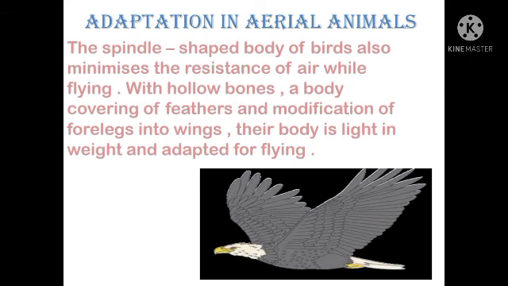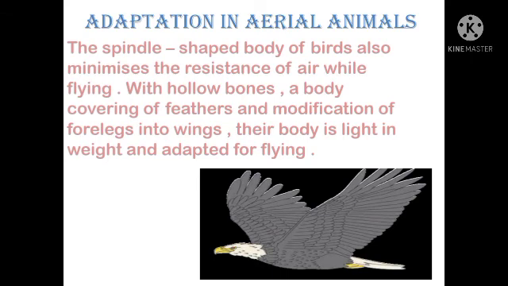And also, with hollow bones, a body covering of feathers and modification of forelegs into wings, their body is light in weight and adapted for flying. Their bones are hollow. And what does hollow mean? It means the bones are empty from inside, having a hole or empty space inside.